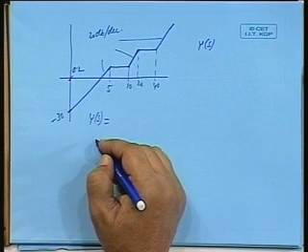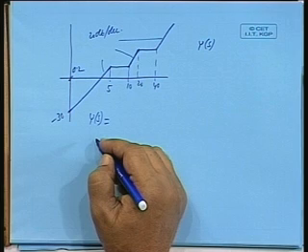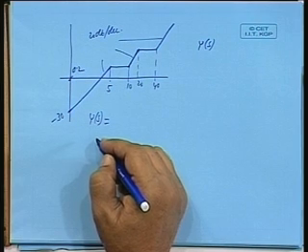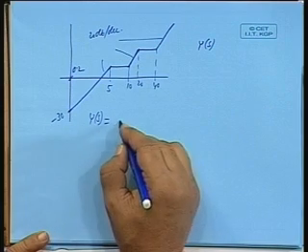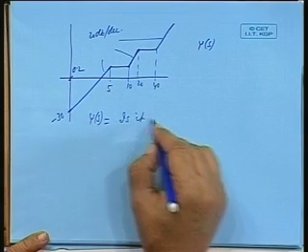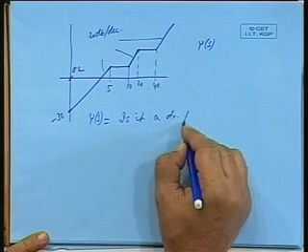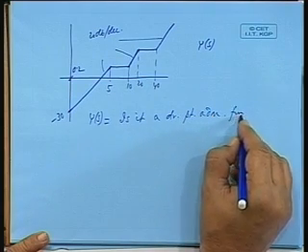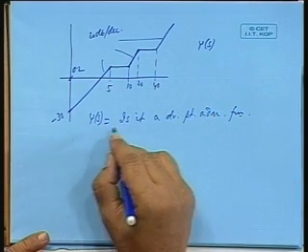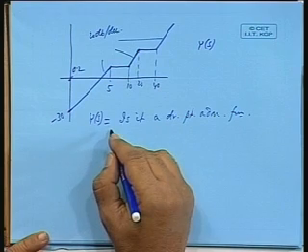And the next question is, is it a driving point impedance or admittance function? Is it a driving point admittance function? If not, justify.